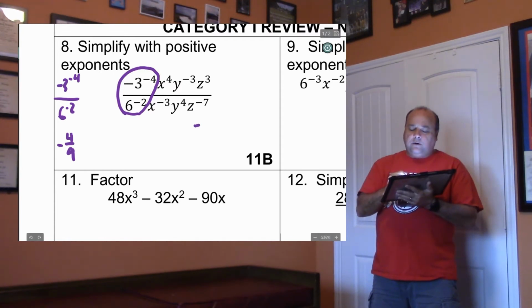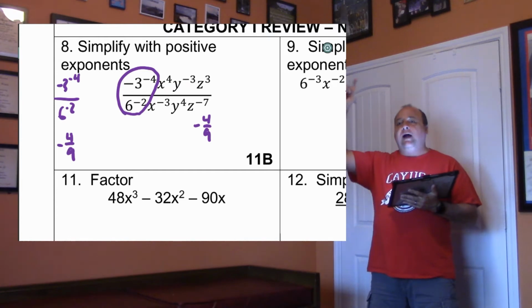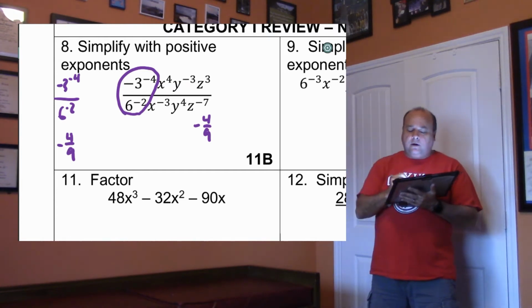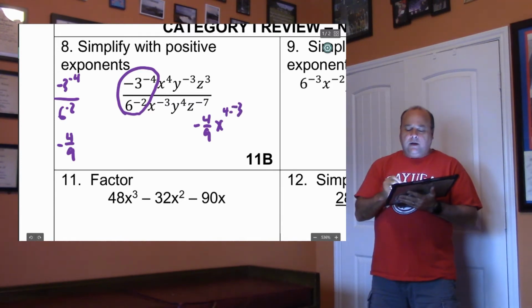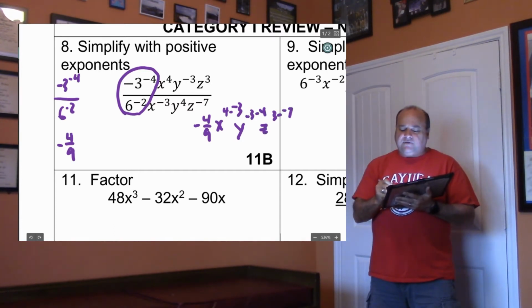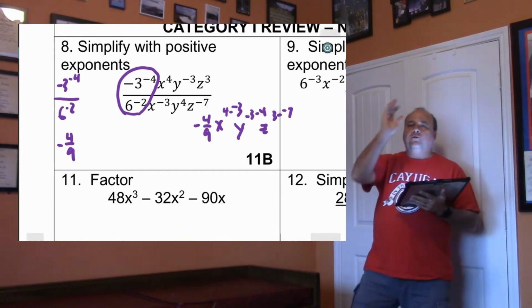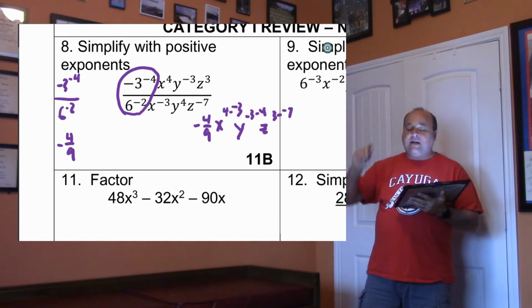Now we're going to write down the letters and subtract the numerator minus the denominator. So I'm going to have x, 4 minus negative 3. y, negative 3 minus 4. And then z, 3 minus negative 7. So you go through left to right, put the letters in alphabetical order, the numerator minus the denominator.